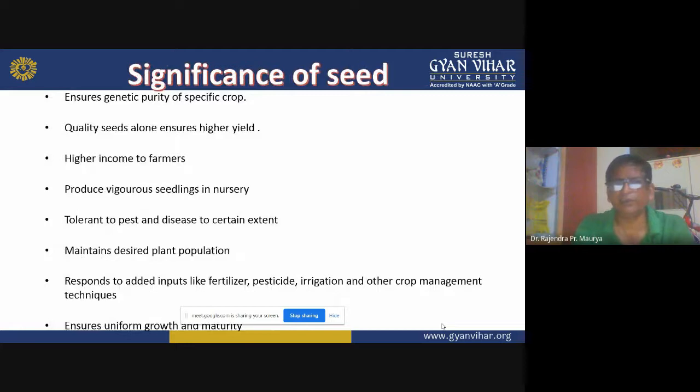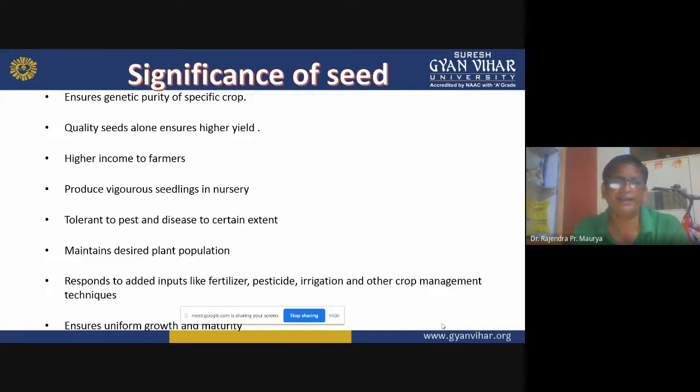Then the significance of seed. In terms of the significance of seed, it ensures genetic purity of a specific crop. We already discussed that.